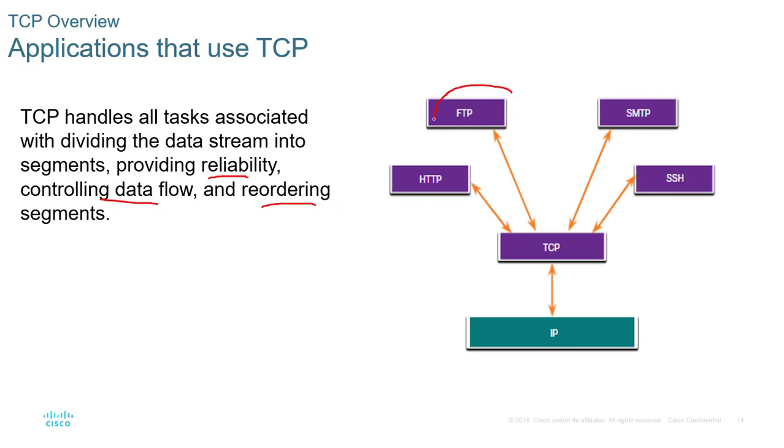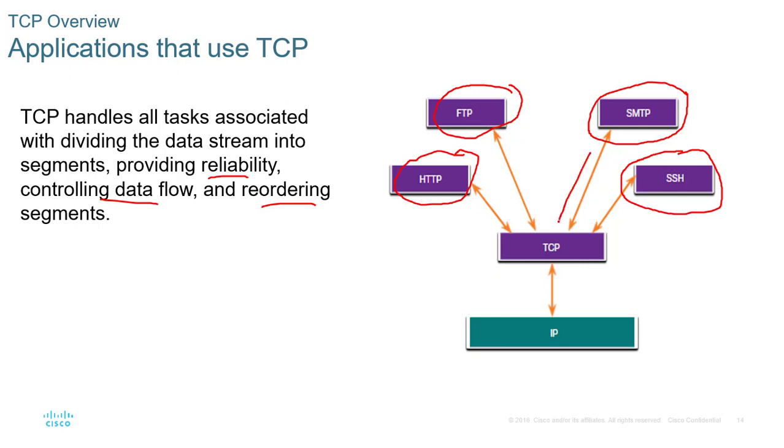So applications like the file transfer protocol for downloading and uploading files, hypertext transfer protocol for web traffic, simple mail transfer protocol for sending email, secure shell for remote terminal sessions, are all applications that require these services from the transmission control protocol at the transport layer. That data then gets handed down to the Internet protocol for addressing and routing services.